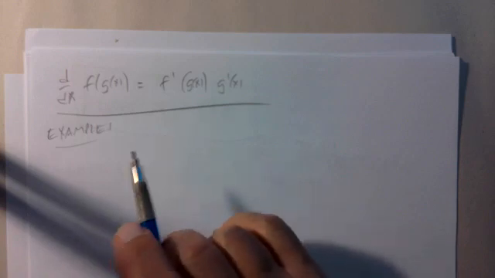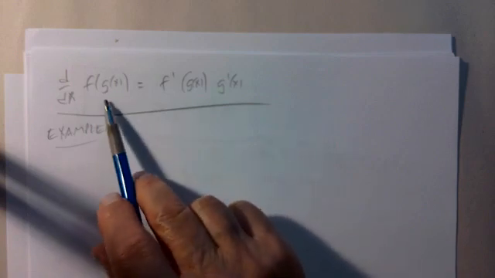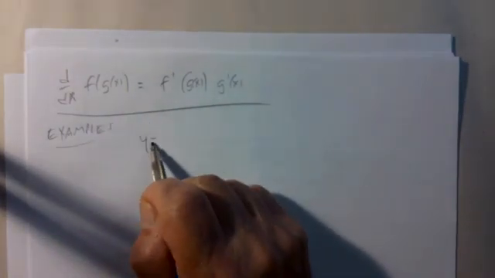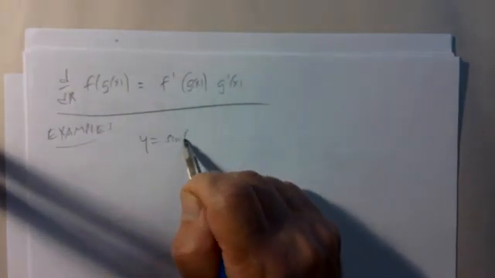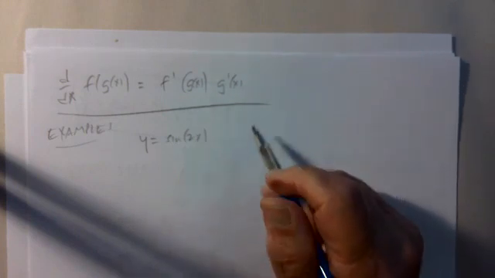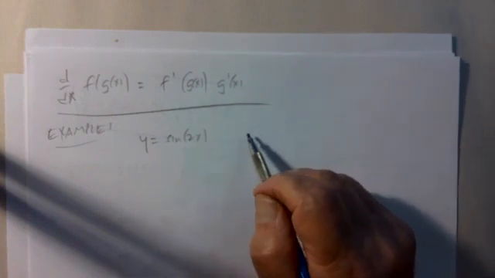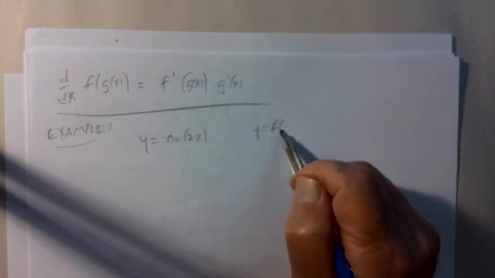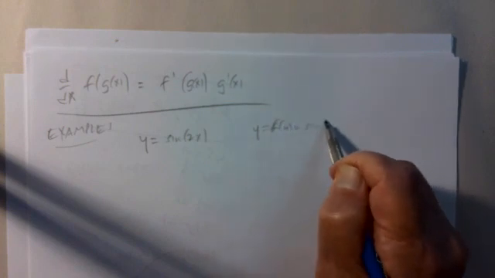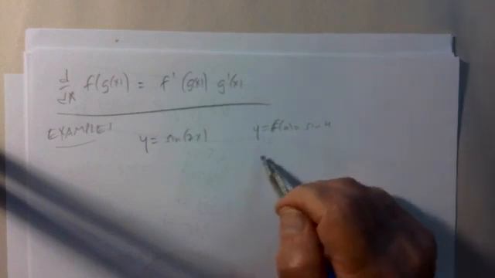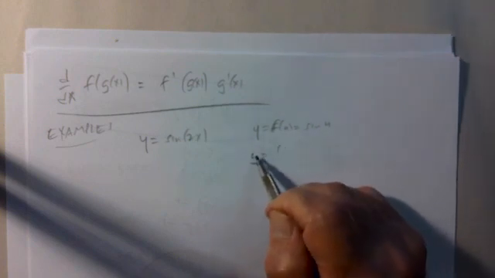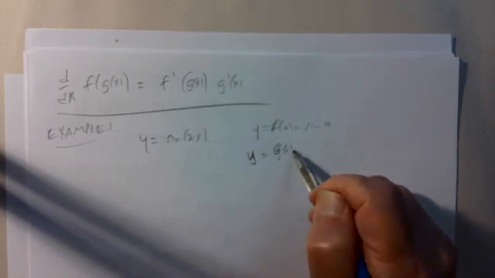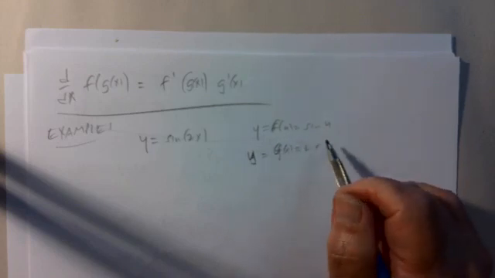I mean, partly the idea is you have to know how to disentangle a function. So suppose you have the function y equals sine of 2x. You can think of this as a composite. You can have y equal to the function f of u, which is the sine of u, and u is some function g of x, which is 2x.